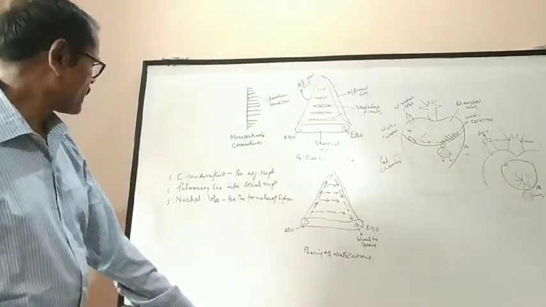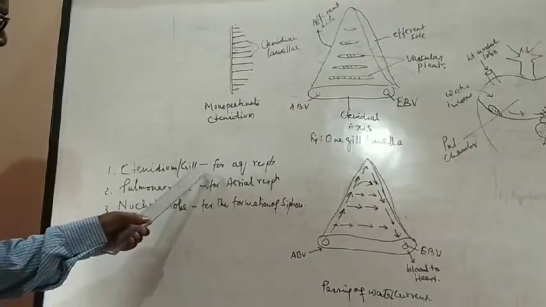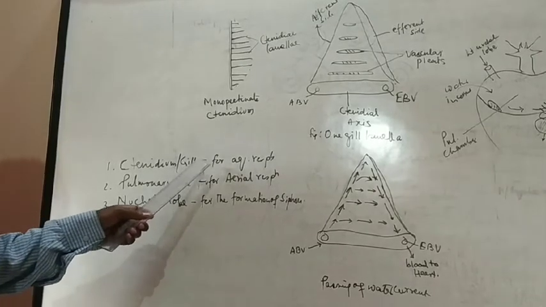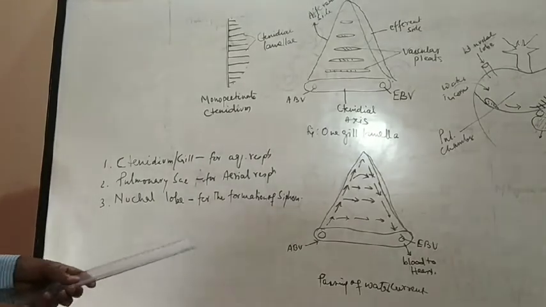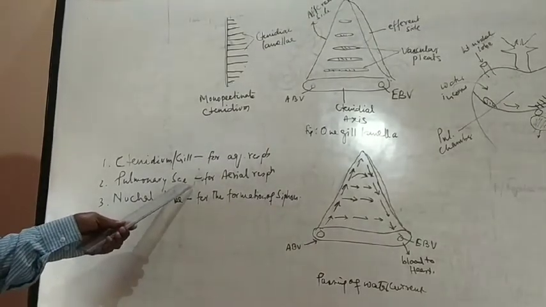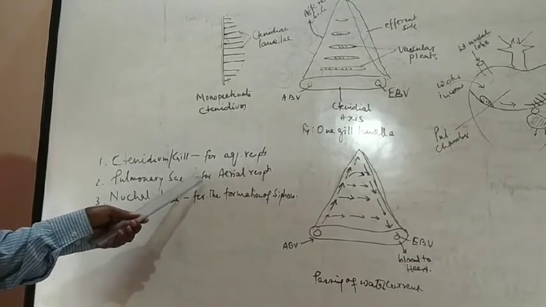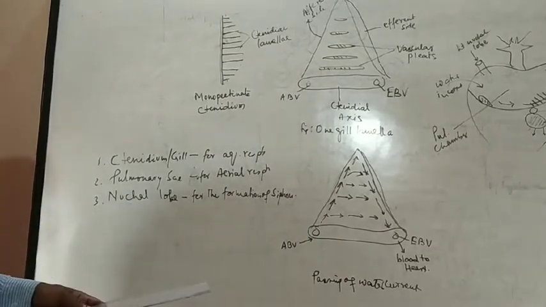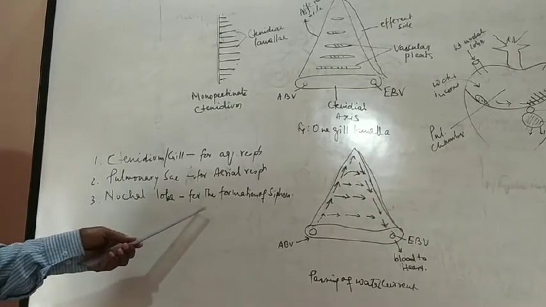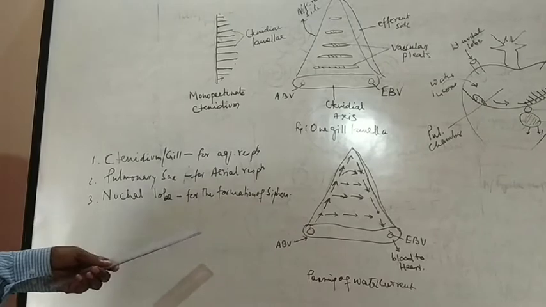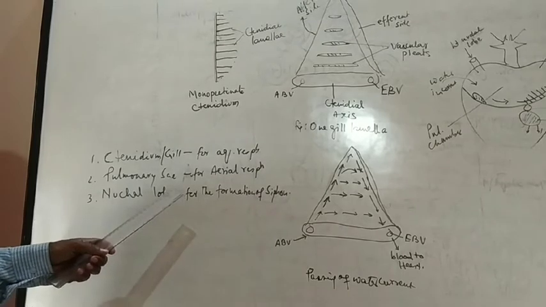They are ctenidium, gill, by which it can perform aquatic respiration in water; pulmonary sac, by which it can perform aerial respiration; and nuchal lobe, which acts as a siphon-type tube, that means formation of siphon to run the process.